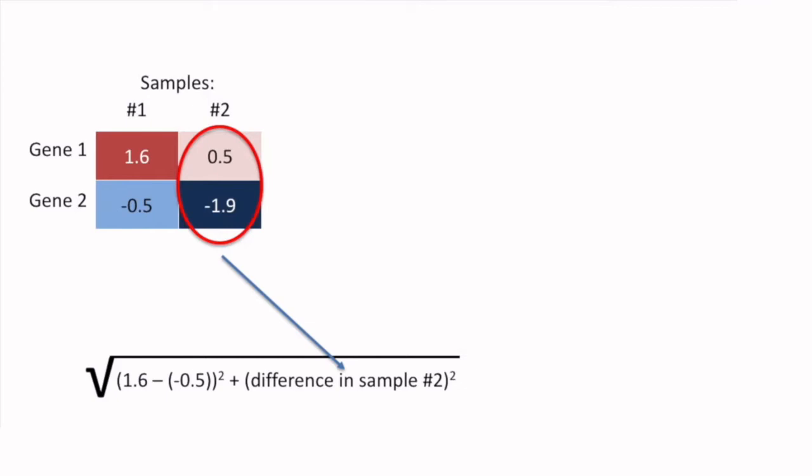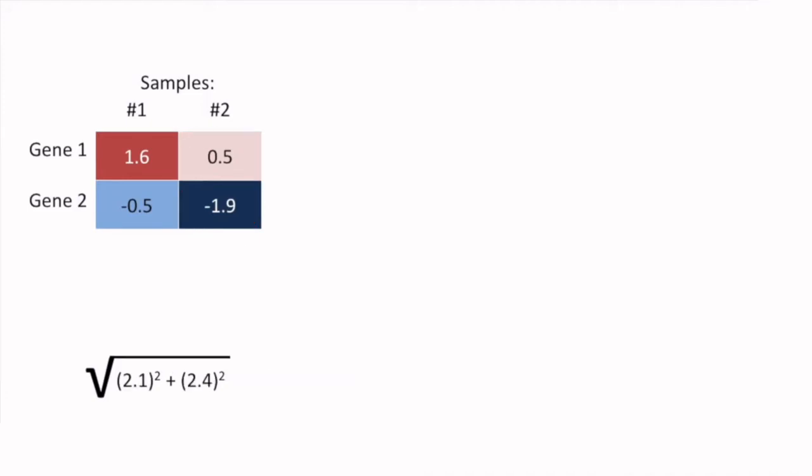So here we have 1.6 minus negative 0.5, and then 0.5 minus 1.9. Doing the subtraction gives us the square root of 2.1 squared plus 2.4 squared.